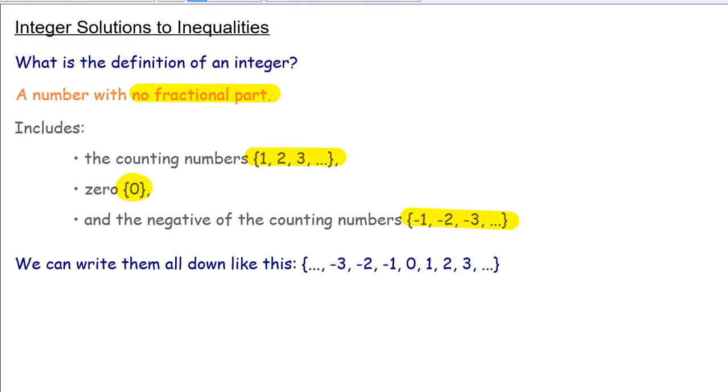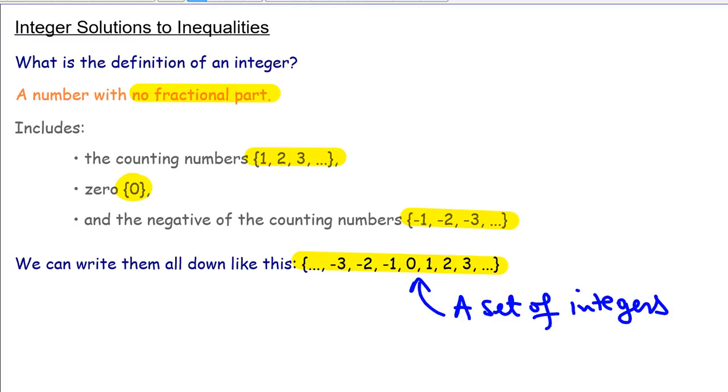So we can group all these together and just list them as a set of integers. Now, this is what we call a set of integers. So they're basically numbers that you see on the number line, but of course, no decimals, no fractions, just whole numbers.